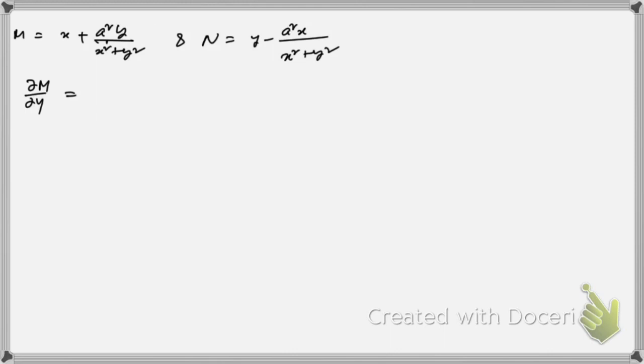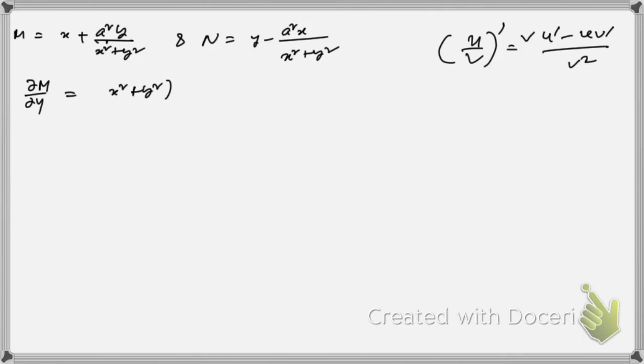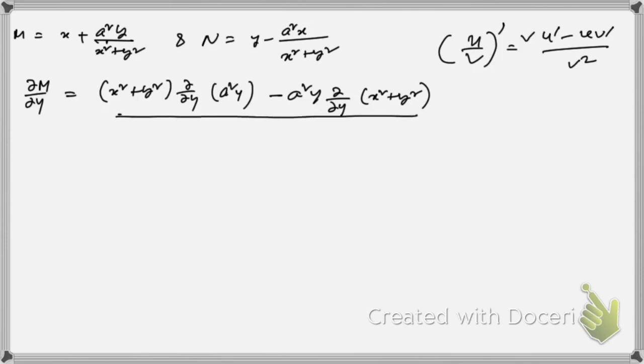And if you apply the u by v rule, you should get v times derivative of u minus u times derivative of v, divided by v square. Then you will get x square plus y square times the partial derivative of a square y with respect to y, minus a square y times the partial derivative of x square plus y square with respect to y, divided by x square plus y square whole square. That's what we're going to get.